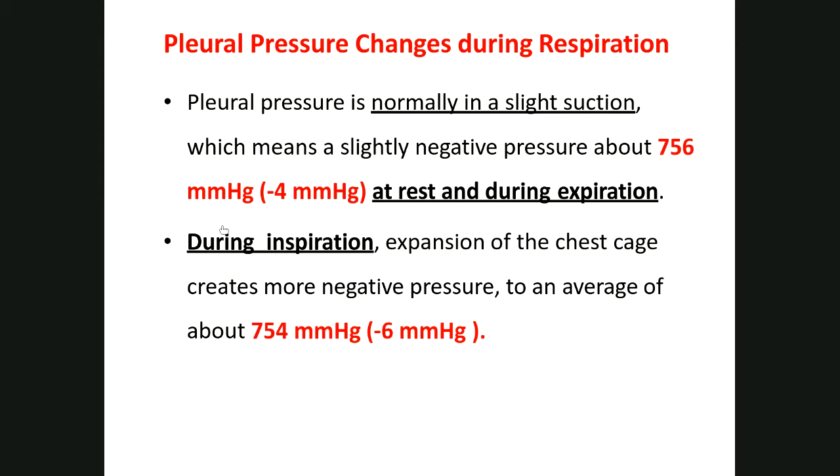It will reach -6 millimeters of mercury below the atmospheric pressure, which is equal to 754 millimeters of mercury. So 6 less than 760 is 754. These are the changes in pleural pressure, which is always negative, from less negative to more negative during inspiration.